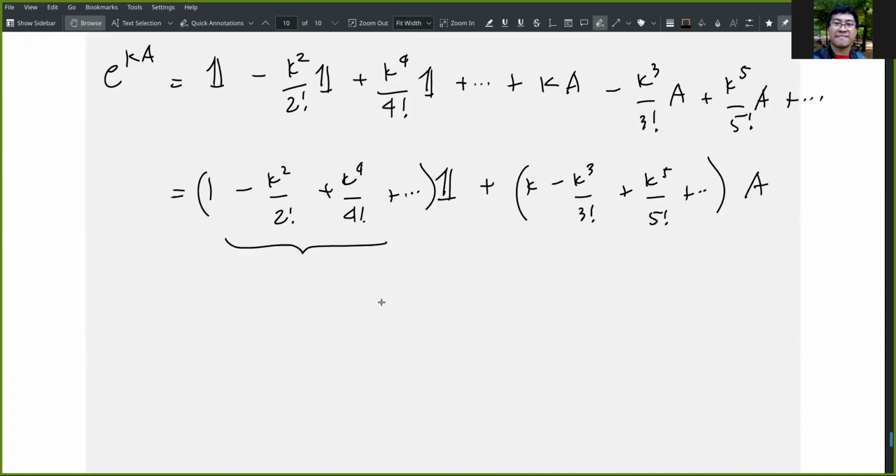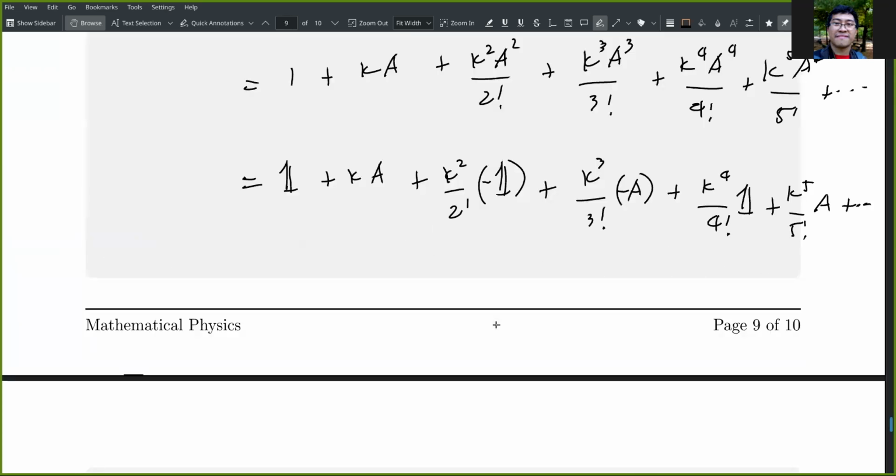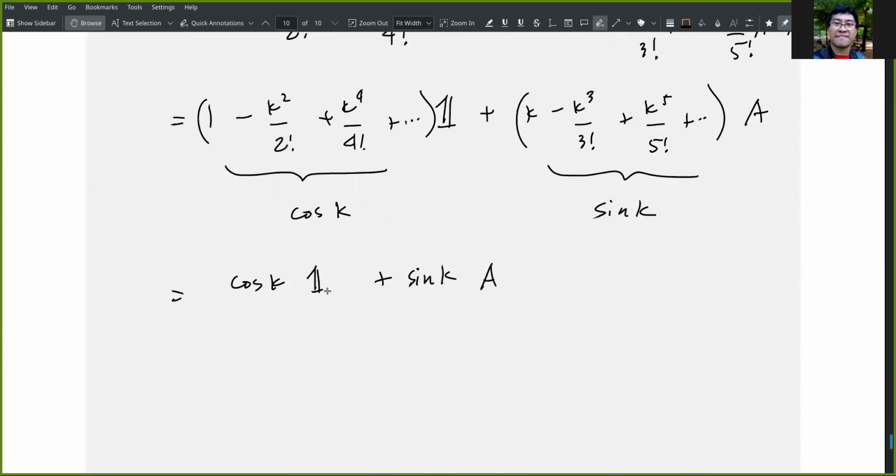This is simply the series expansion of cosine k. This one is the series expansion of sine k. So you have cosine k times the unit matrix 1, which is a two-dimensional unit matrix, plus sine k times A. Now, this is an identity matrix of dimension 2.